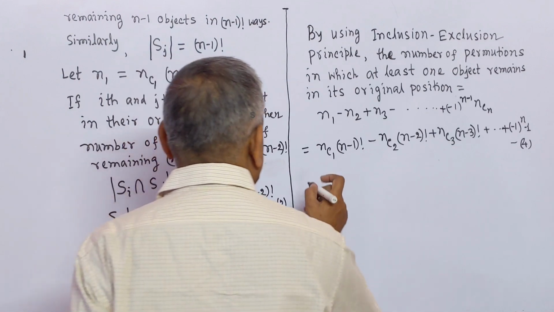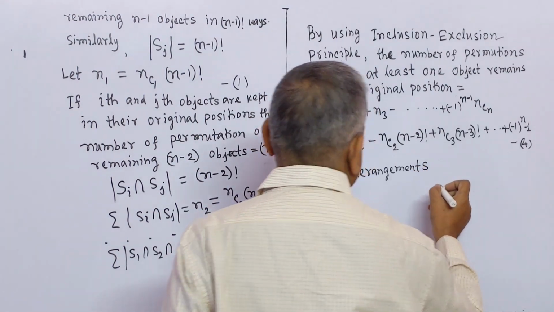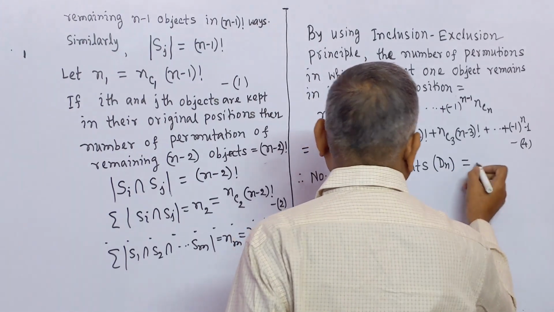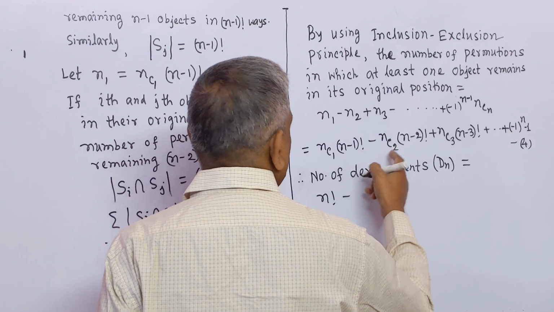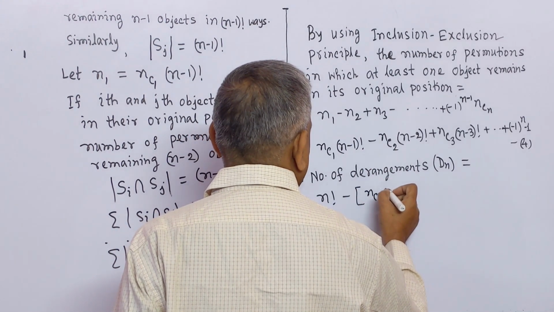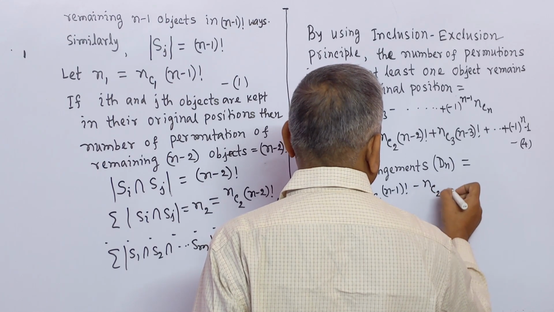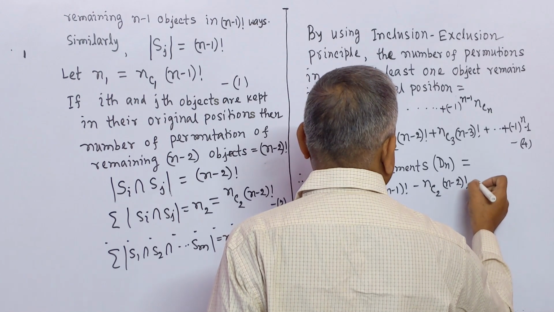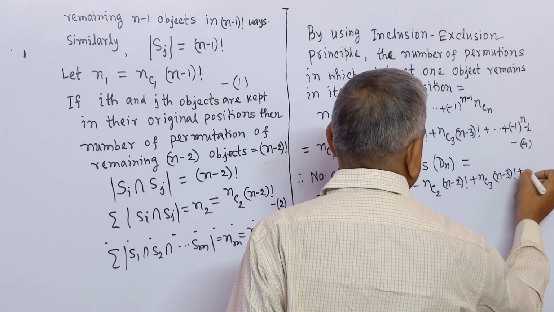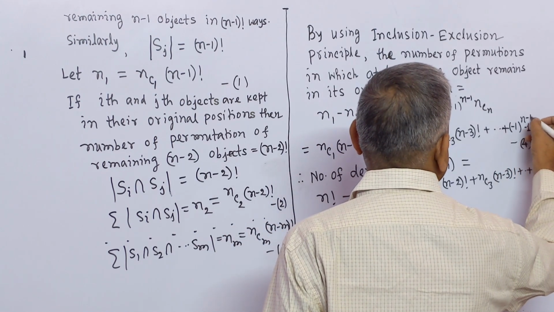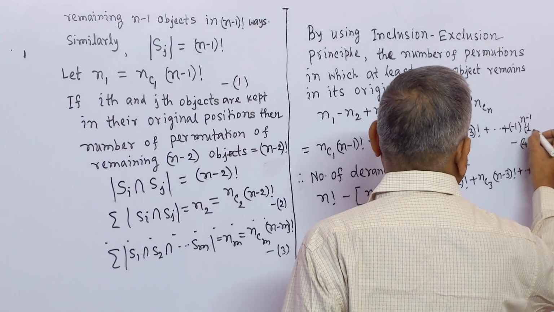So the number of derangements Dn equals the total number of permutations n! minus these: nC1 (n-1)! minus nC2 (n-2)! plus nC3 (n-3)! plus ... plus (-1)^(n-1) multiplied by 1.